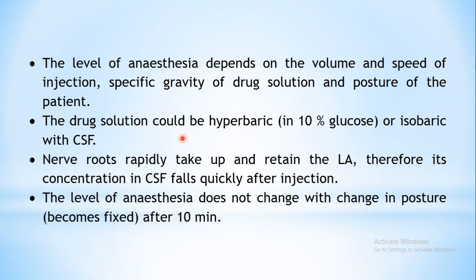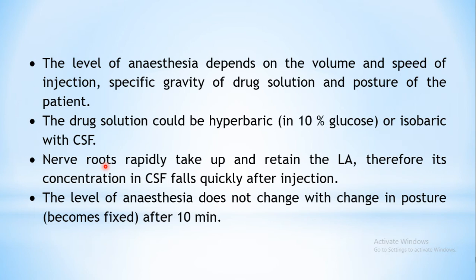The drug could be hyperbaric, that is pressure higher than that of the CSF, or it can be isobaric, that is the pressure could be the same as that of the CSF. So once it is injected, appropriate injections have to be given in the appropriate area: you should select the appropriate drug, the proper volume has to be injected, then the speed has to be controlled.